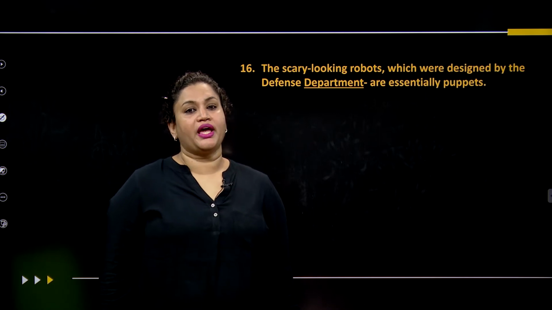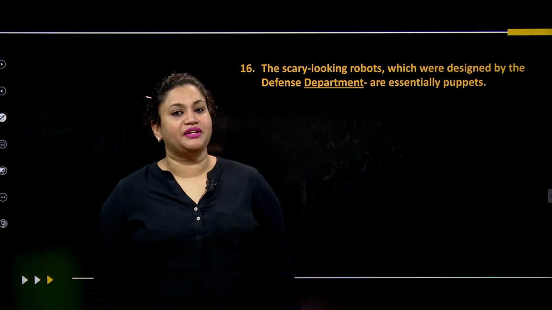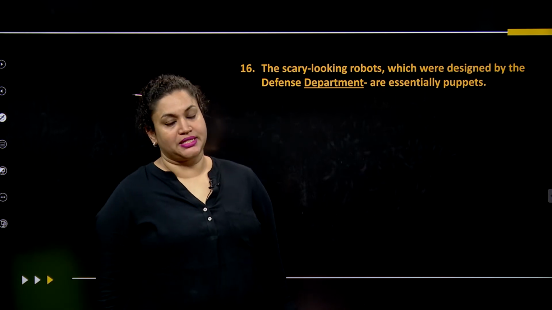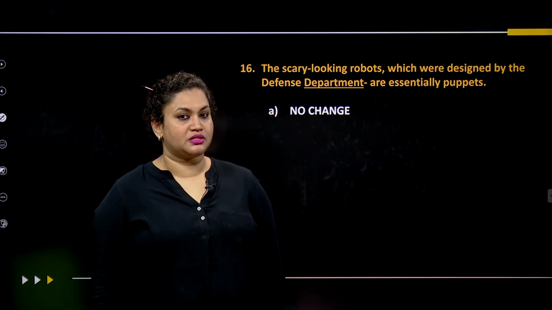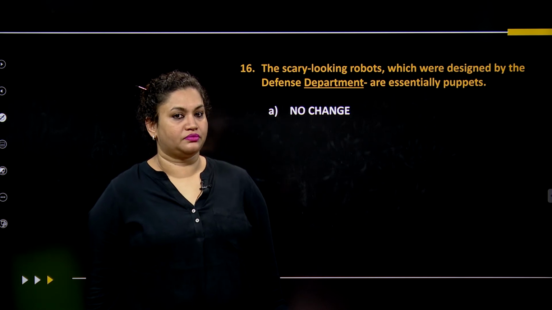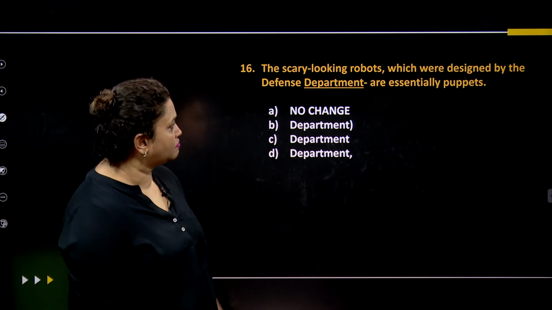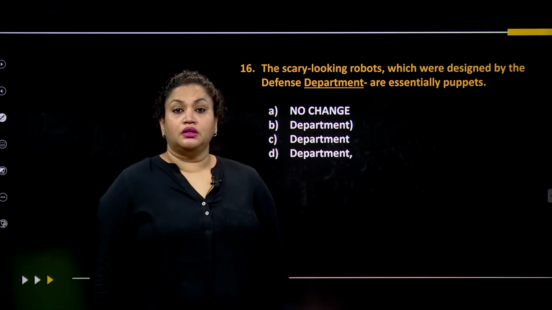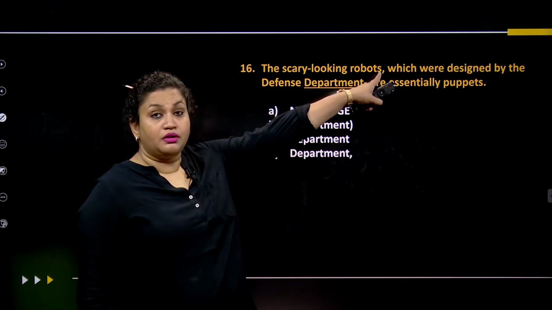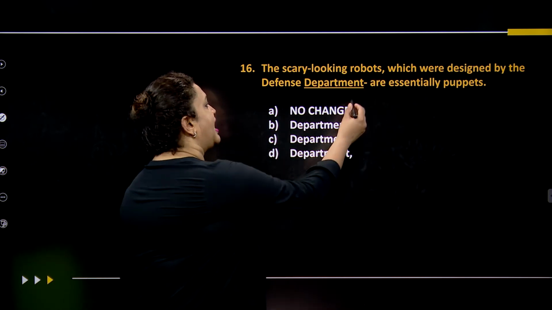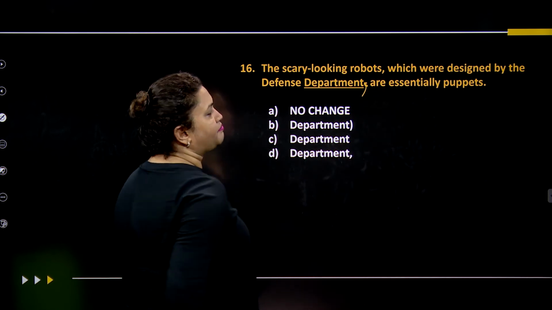The scary looking robots, who were designed by the Defense Department, are essentially puppets. Let's see the options. We have a comma before which, therefore, we should have a comma after Department too.